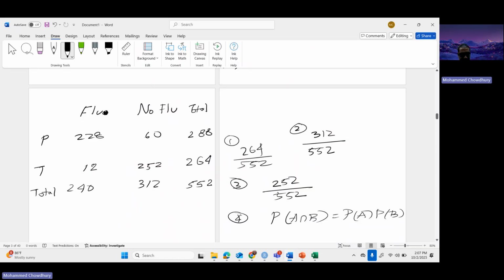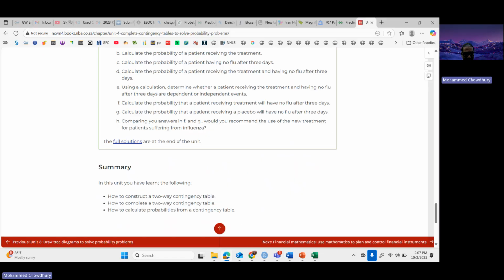So check this way. And after that, calculate the probability a person receiving treatment will have no flu after.